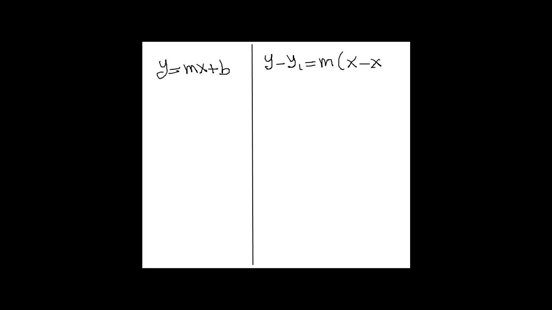This is the general equation of the straight line in slope-point form. So this is slope-intercept, and this is slope-point.